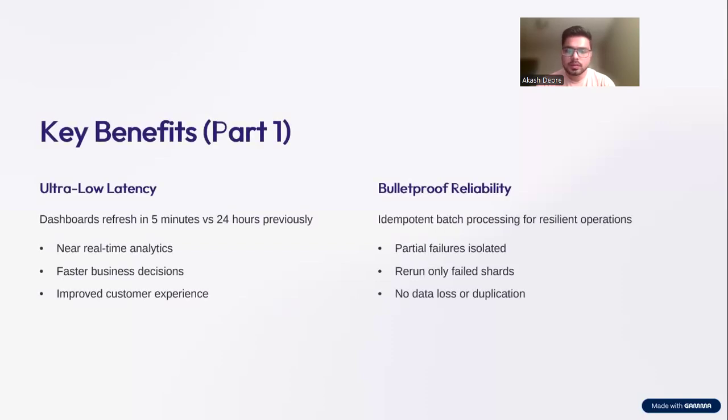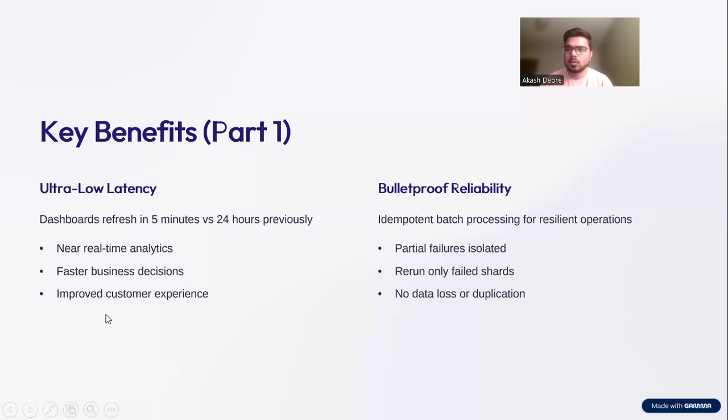So ultra low latency means a 5 minute refresh for all the data. The data gets refreshed every 5 minutes in near real time analytics, rather than the previous ETL cron jobs that used to take around 24 hours, and it is much faster for business decisions.